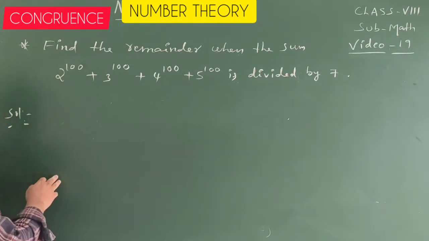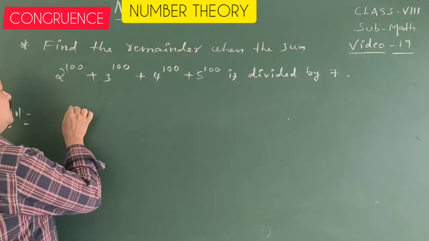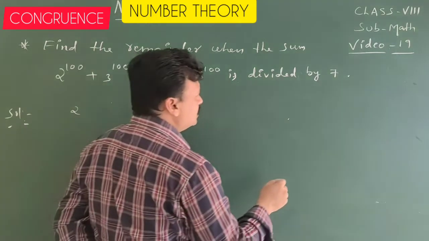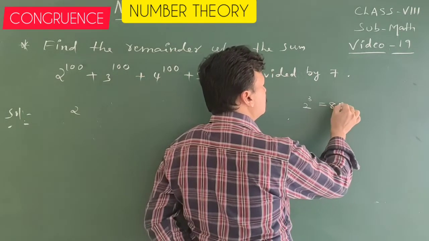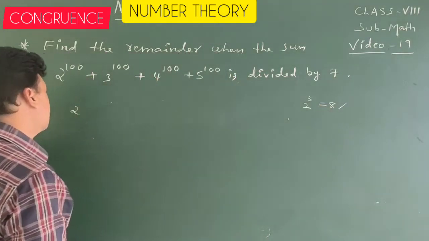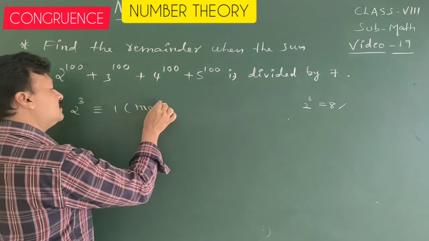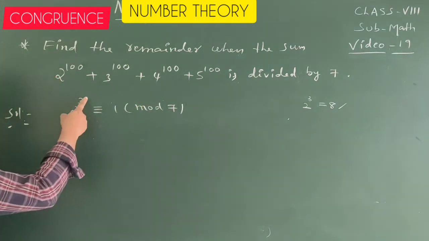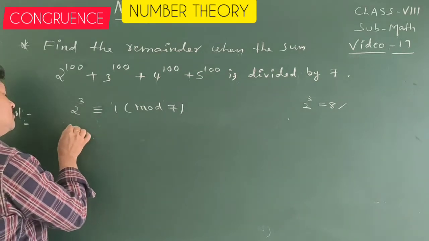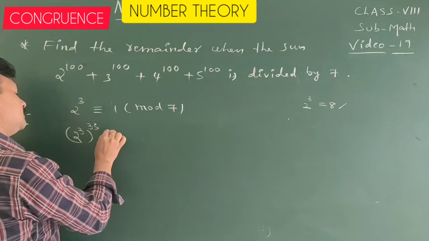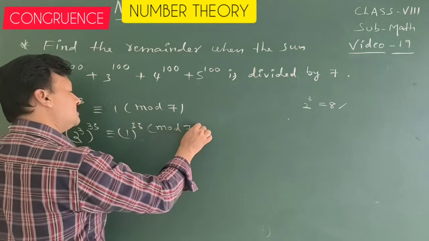Here there are 4 parts. First of all, 2 power 100. For getting 2 power 100, 2 cube equals 8, which is close to a multiple of 7. That's why you can take 2 cube congruent to 1 mod 7. 2 cube means 8, divided by 7 you get 1 as the remainder. So 2 cube whole power 33 is congruent to 1 power 33 mod 7.